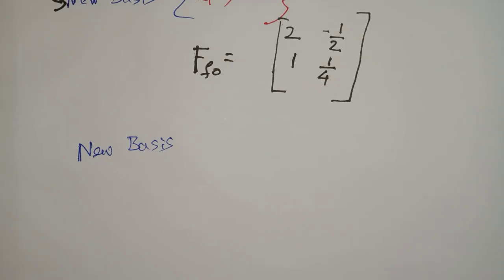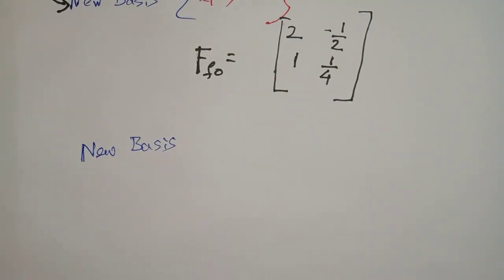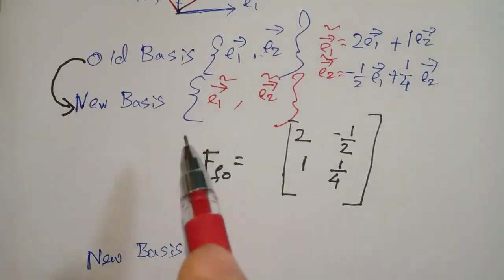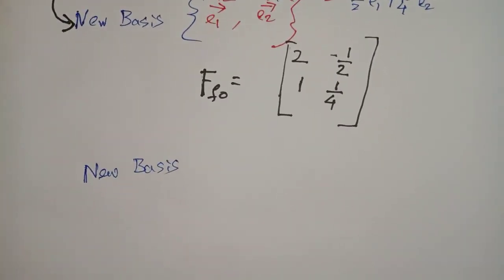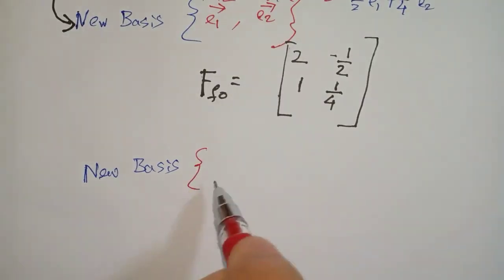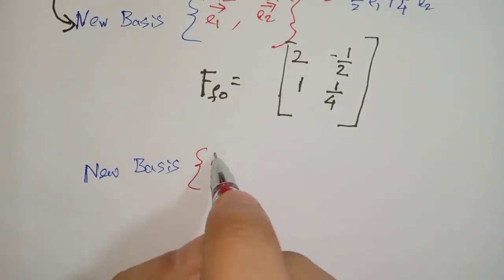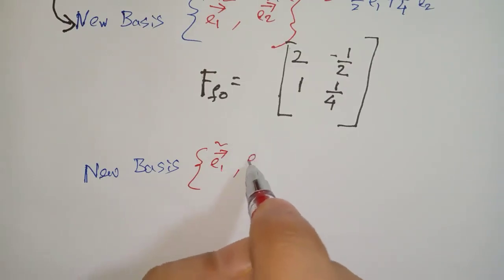We need to use the red color because the new basis vectors now are going to be this one which we have got. We write it in the same way, E1 tilde comma E2 tilde.